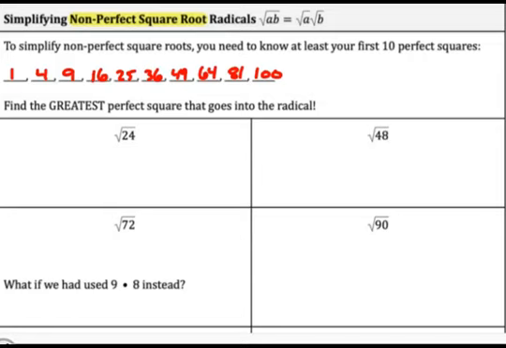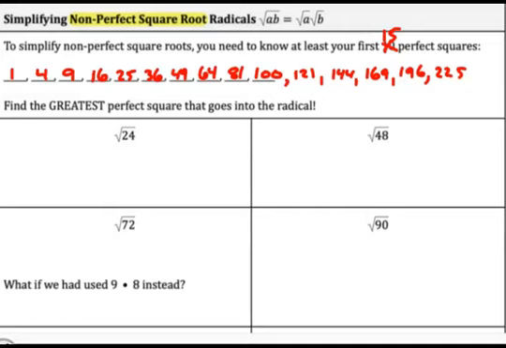These are all numbers where, if you take the square root, you get a whole number out. You could go a little bit further. 121 is the next one, then 144, then 169, then 196, then 225. That's the first 15.